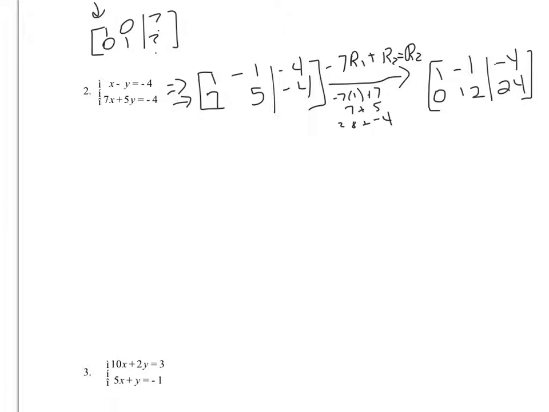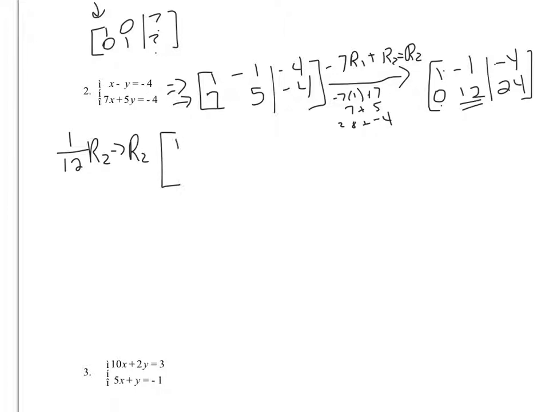All right, so I have my 1 in my top left entry. I have 0 in my bottom left entry. Now what I've got to work on is turning this 12 into a 1. And if I want to turn a value into 1, I multiply that row through by the reciprocal of the number that I'm trying to change. So I need to multiply 1/12 times row 2 to make my new row 2.